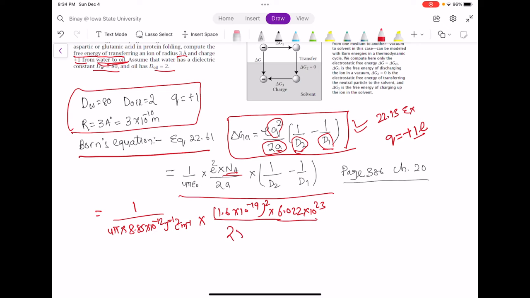So a was given as 3 Angstrom. We need to convert it to 3 times 10 to the power minus 10 meter. So this is mole inverse, this is coulomb, times 1 over d2. d2 is our oil, which is given as 2, so 1 over 2 minus 1 over 80.